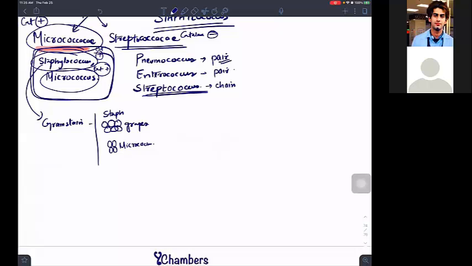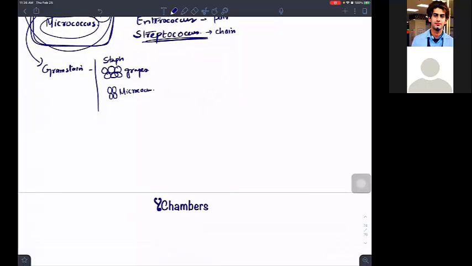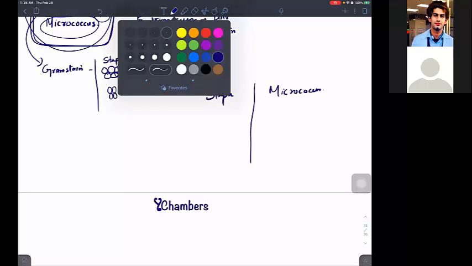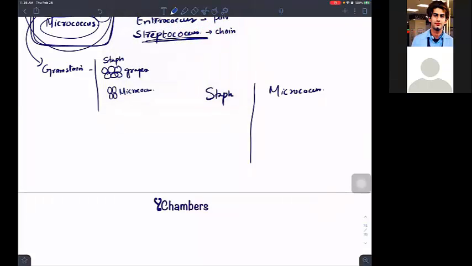So we are taking the first family, that is Micrococcaceae, and we are drawing the differences between the two. Since Micrococcaceae contains Staphylococcus and Micrococcus, we have to take a difference between the two. You will always see Micrococcus as a tetrad.